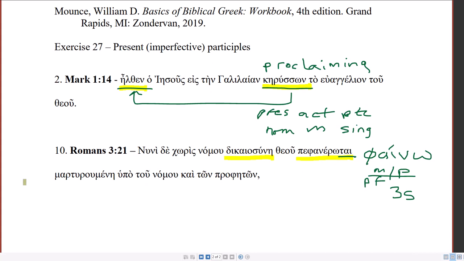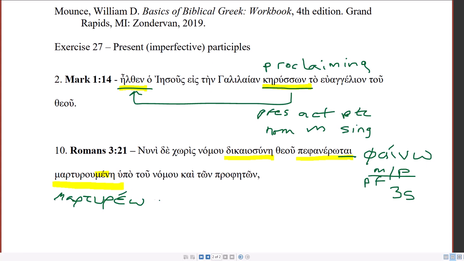Now, we have a participle here, martyrumene. Notice it has men, which is telling us middle, and possibly passive if it's a present tense. We have martyrumene. This comes from martyreo, and martyreo means to witness.